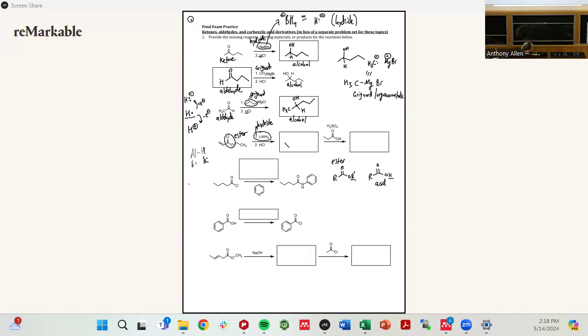Do the mechanism. HAlH3 minus. I want to make a bond between hydrogen and the carbonyl, so I take the electron pair of the bond to the carbonyl, and break the carbonyl bond.